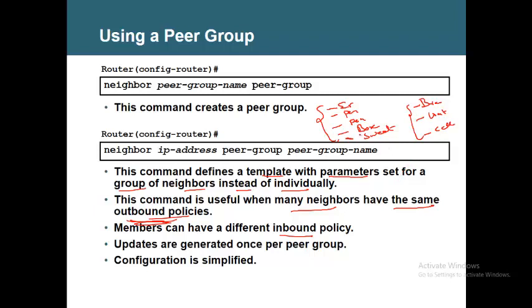Now, instead of saying child one, give eraser, give pencil, give pen, give box, instead of saying like this for every child, what I can do is I can put all this in one template called for child or for children.